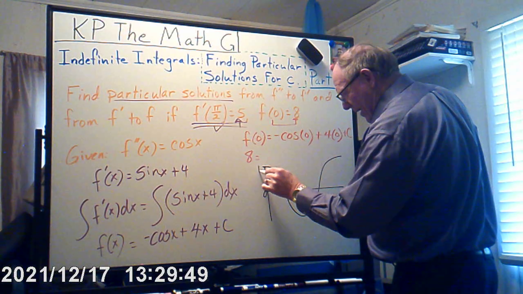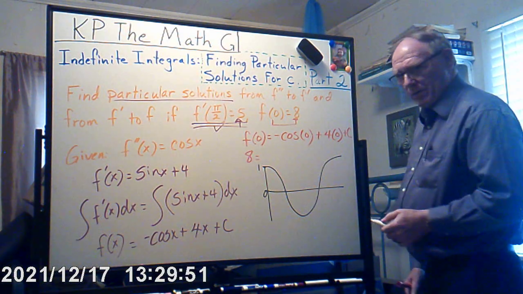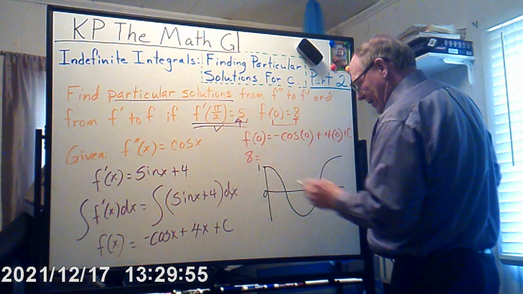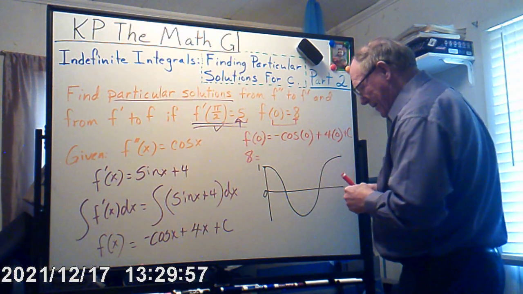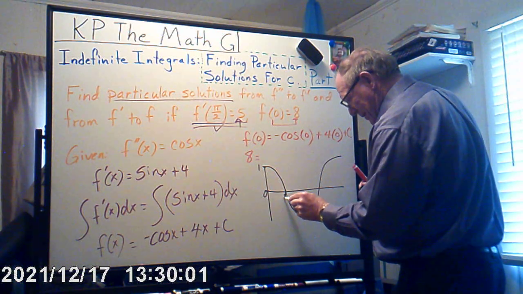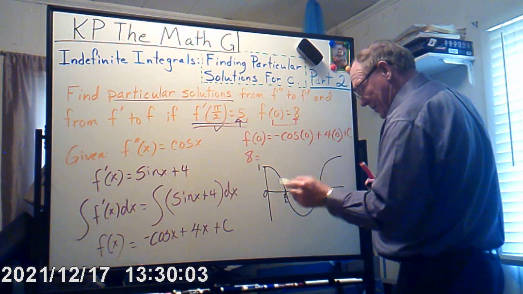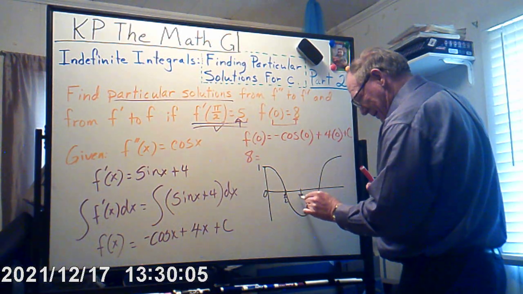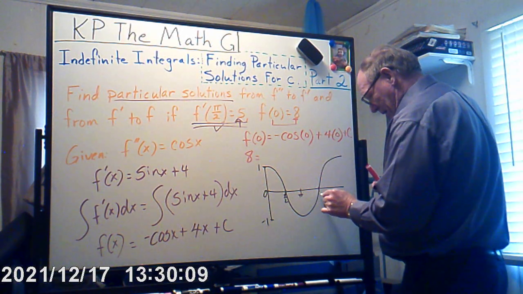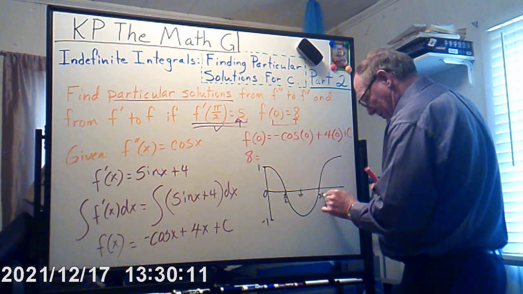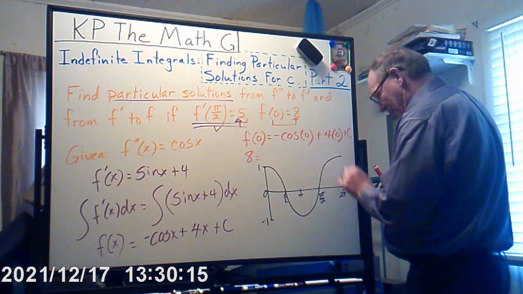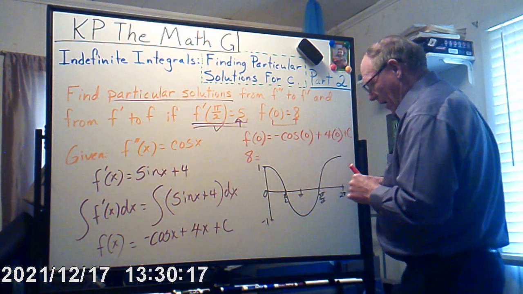We know that that answer is 1. Remember this is pi over 2. Cosine of pi over 2 is 0. Cosine of pi is negative 1 right here. And cosine of 3 pi over 2 is back to 0. And cosine of 2 pi is back up to 1.